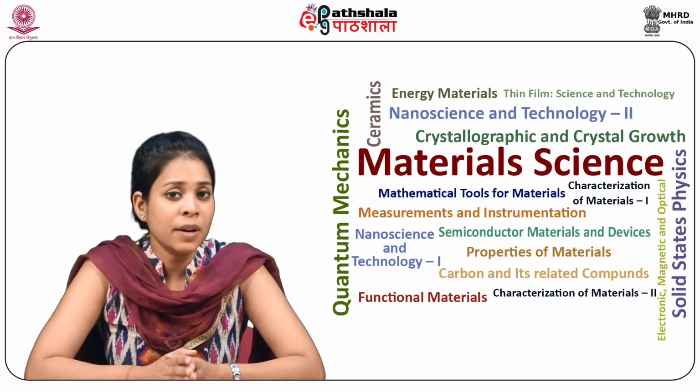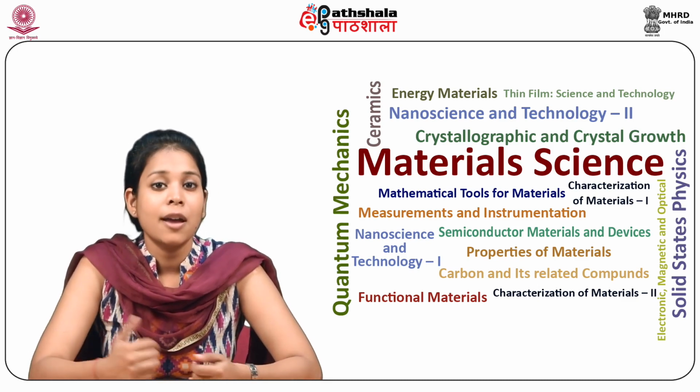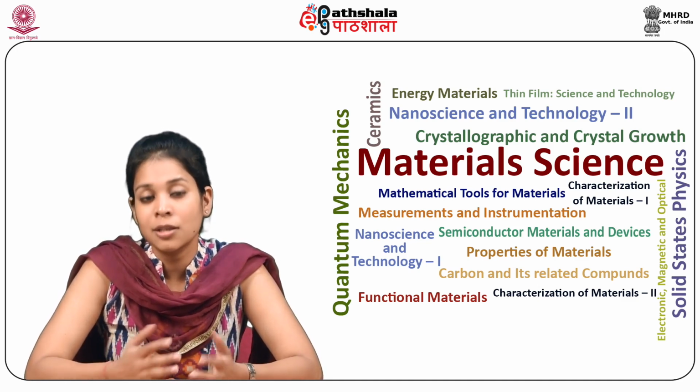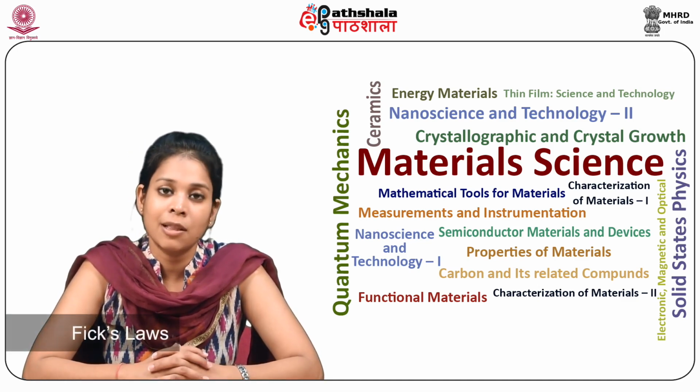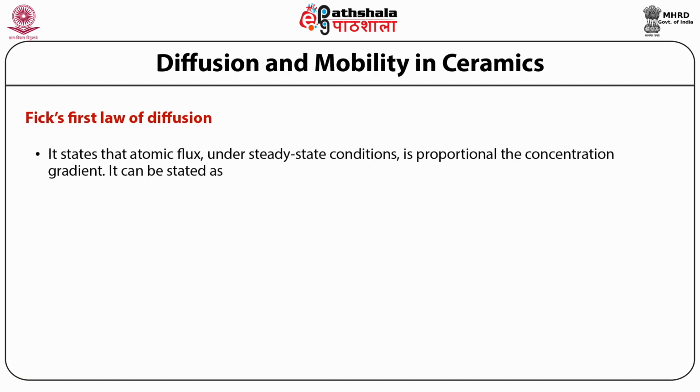The atomic flux arising as a result of the driving force is expressed in terms of chemical composition gradients, also called Fick's law. Now comes Fick's first law of diffusion. It states that atomic flux under steady state conditions is proportional to the concentration gradient.